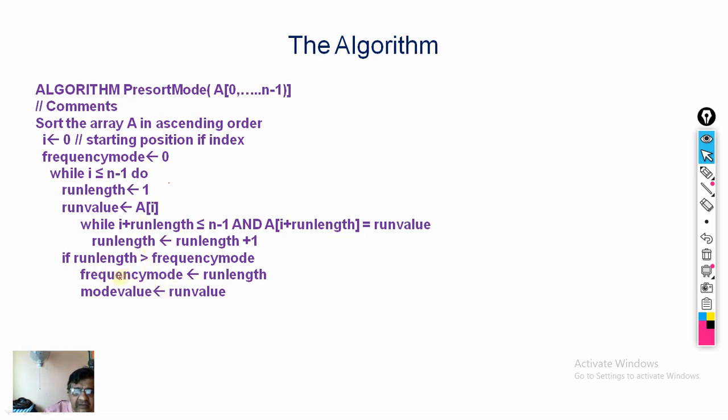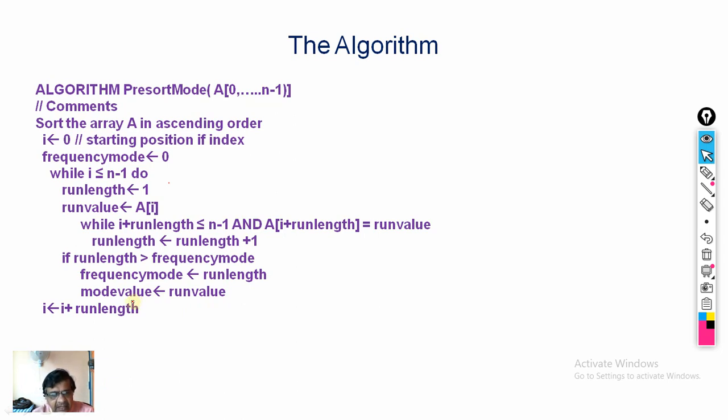If you recall the previous slide, run length was 3, which is greater than frequency of mode, which was 1, because the first element has only one element of that kind. Therefore frequency of mode will be changed to run length. So frequency of mode becomes 3 and mode value becomes run value. Then we will increment i equals i plus run length, so i will be jumping by 3.